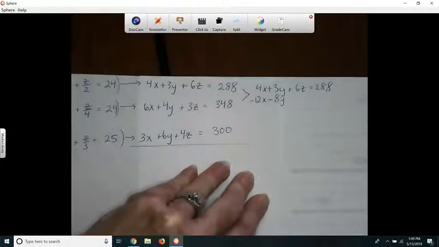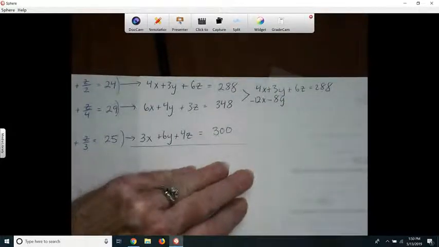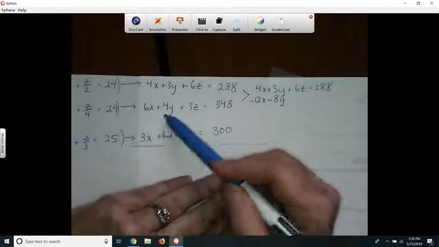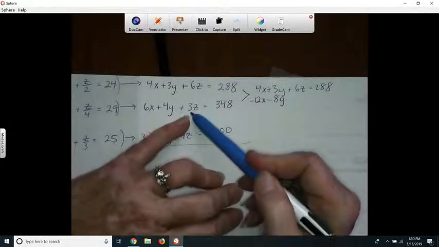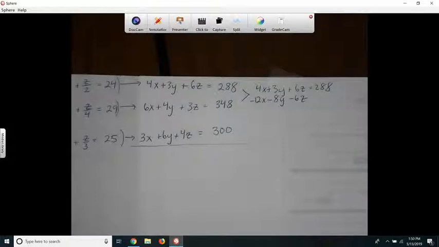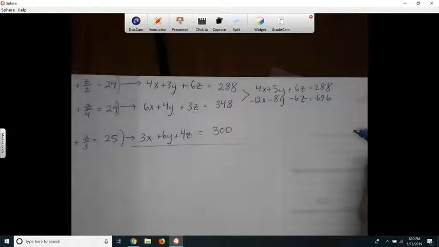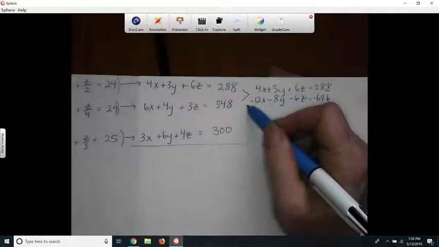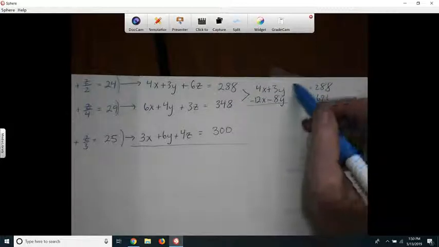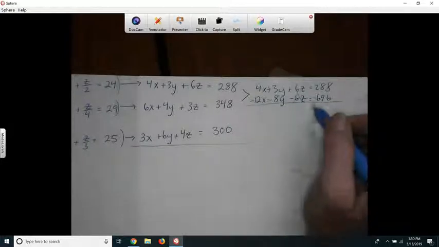I just decided to make my paper longer. Seemed smart at the time, but now I'm thinking maybe not. Okay, so multiplying through by -2, so -2 times that makes -6. And then -2 times 348 is -696. So the z's cancel out, and I'll get my equation with 2 unknowns.